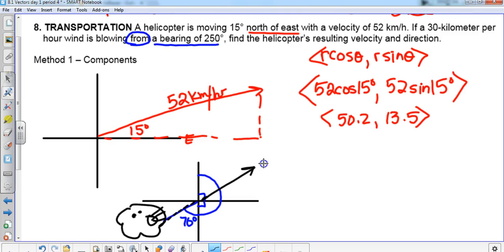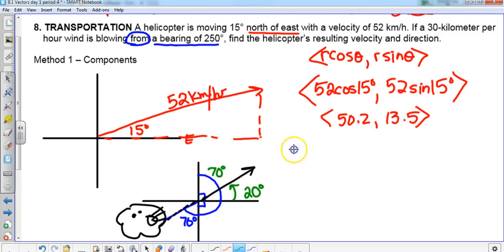All right, now we need to figure out for components, what we need to figure out is this angle with the x-axis. Any ideas? If this is a 70, this up here is a 70, and this therefore is a 20. Everybody okay?